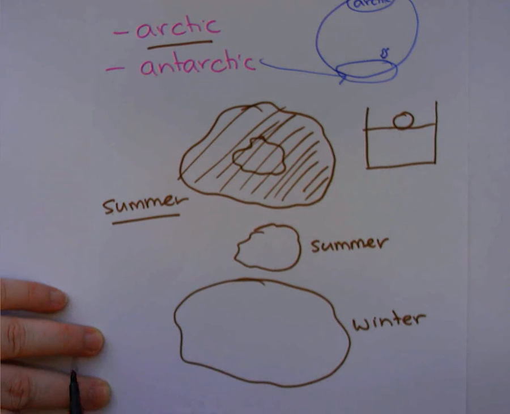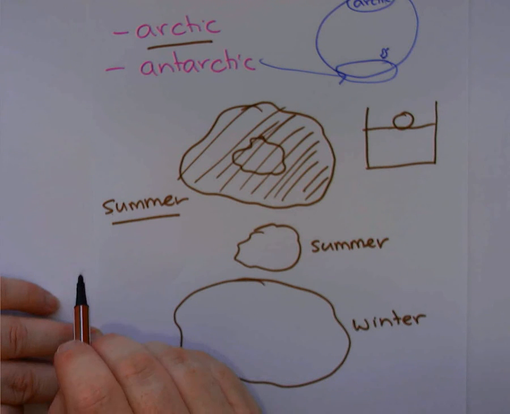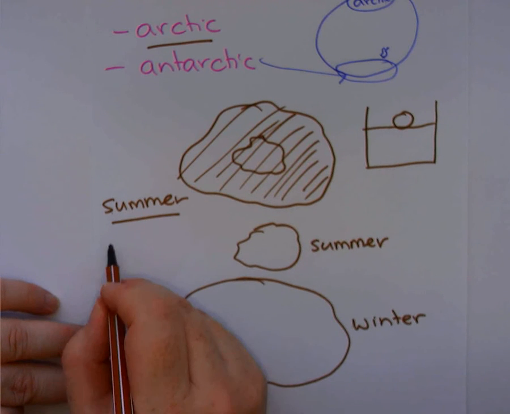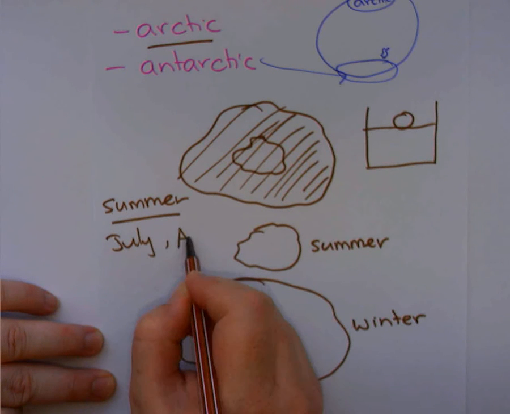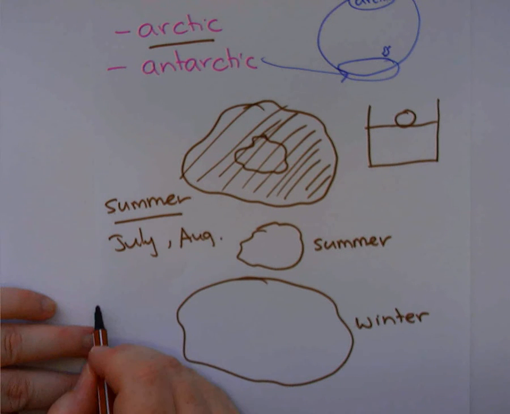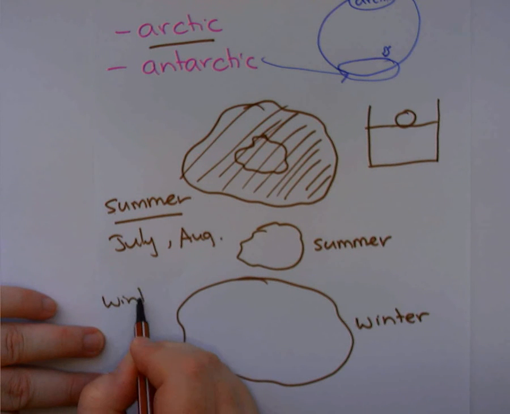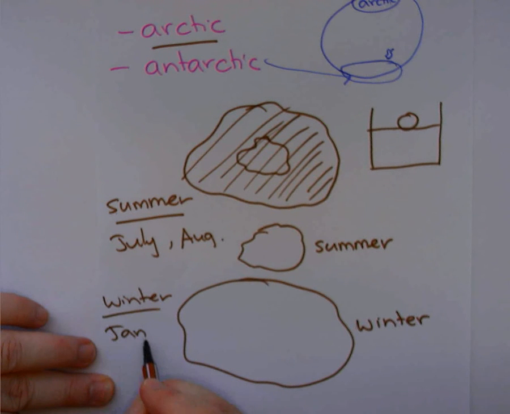Well, summer's going to happen in our winter, which is the middle of the year. Okay, so that's July, August time when they're going to have their summer months. And winter is going to occur in our summer, which is our January, February time.